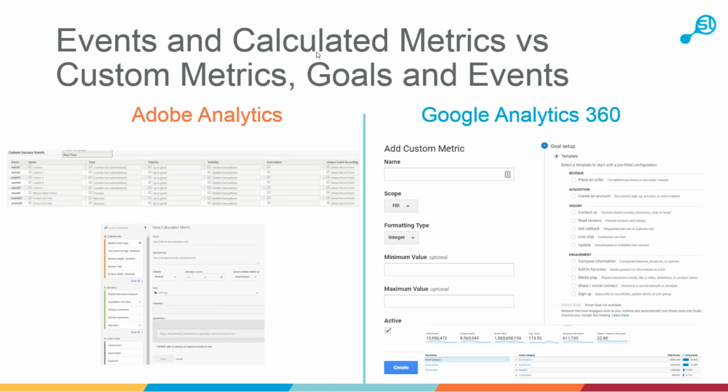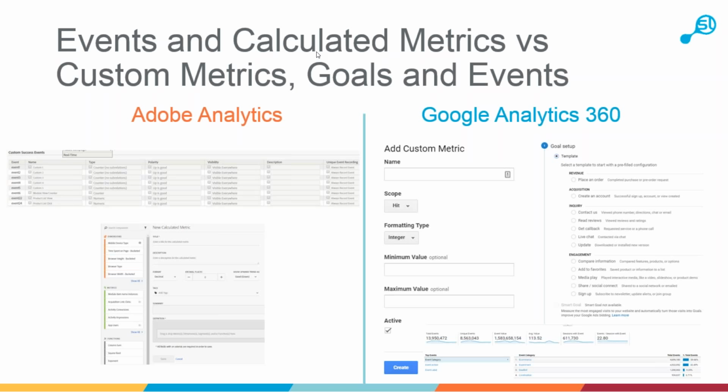So the first thing to point out is the difference between what Adobe Analytics calls events and what Google Analytics calls custom metrics. And it's quite easy, this one, because there is not a great deal of difference. Both have different event types: you can track a counter event, just incrementing a count of 1 each time. You can have a numeric event, which from a Google perspective is the same thing, just an integer.